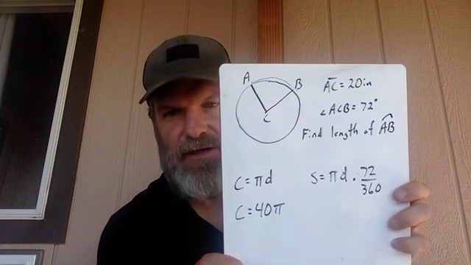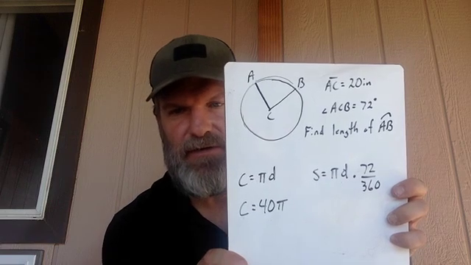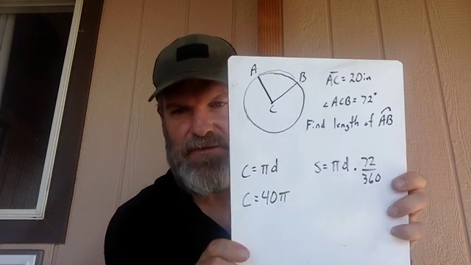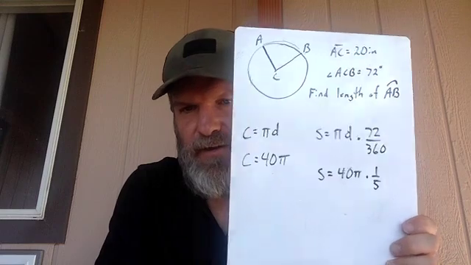And I was nice and I gave you an angle that goes into 360 evenly, in this case 5 times. 5 times 72 is 360, so that can reduce to 1/5.